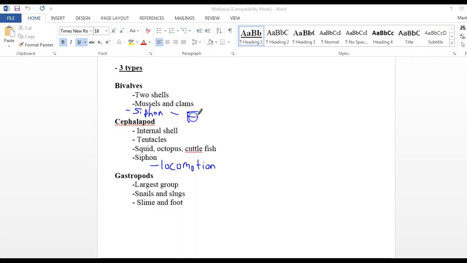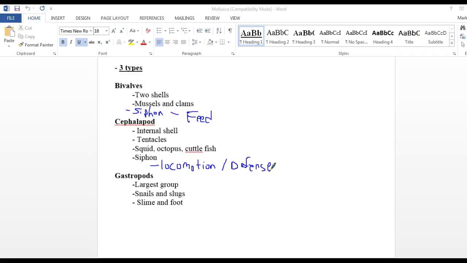So they have the same structure, but it's used for something different, and even somewhat locomotion and somewhat defense as well, because it can put out ink and confuse a predator. And then gastropods, this is the largest group of mollusks, and they include snails and slugs.